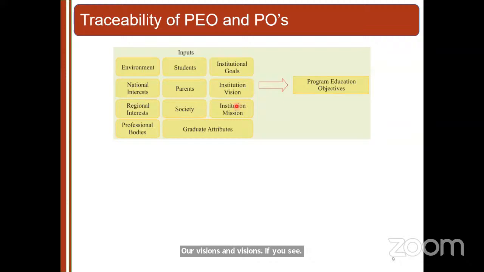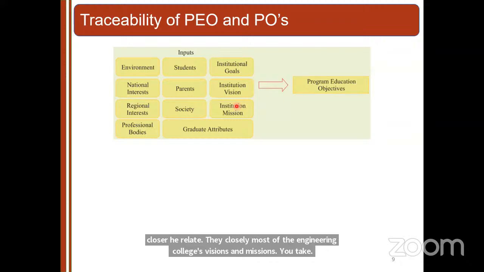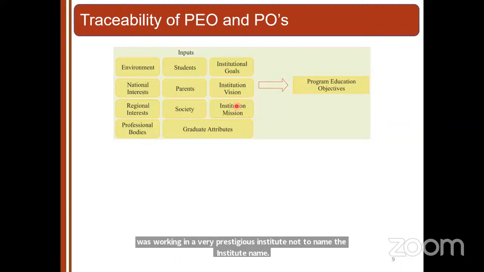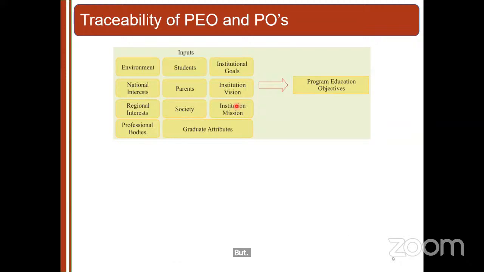Most of the engineering colleges' visions and missions, except for a word here or there, actually match. I was working in a very prestigious institute, not to name it, and they were trying to formulate their visions and missions of the institute and also of the department.